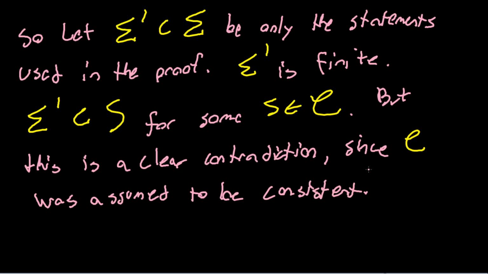Right, so the point is the chain is only consistent sets. So if the upper bound isn't consistent, I can construct some element in the chain that must be inconsistent. And that contradicts the fact that everything in the chain is consistent.